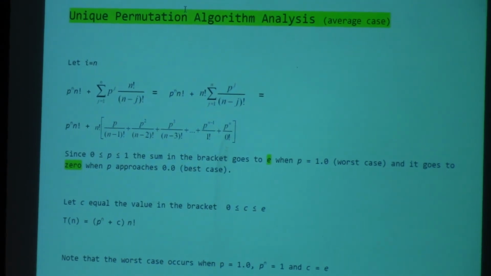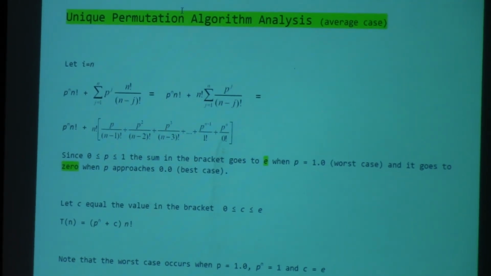But n factorial is going to go very quickly up. So actually we know that n factorial is growing towards infinity more quickly than p to the n is going towards 0.